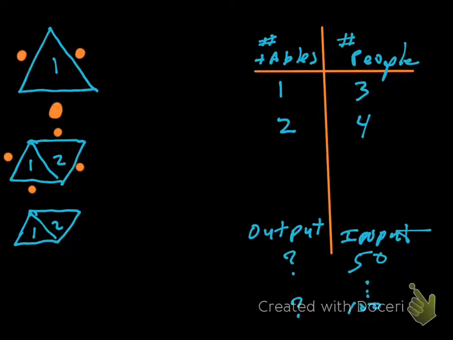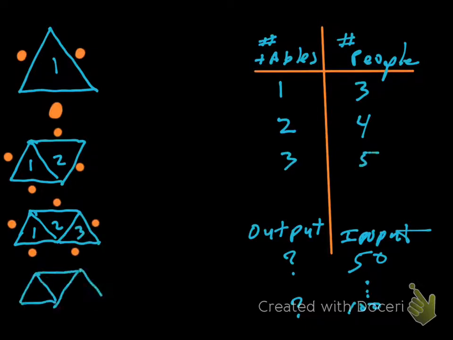As you can see, if you have two tables, the number of people goes up to 4. As we go up to 3 tables, the number of people goes up to 5. And with 4 tables, we have 6 people.